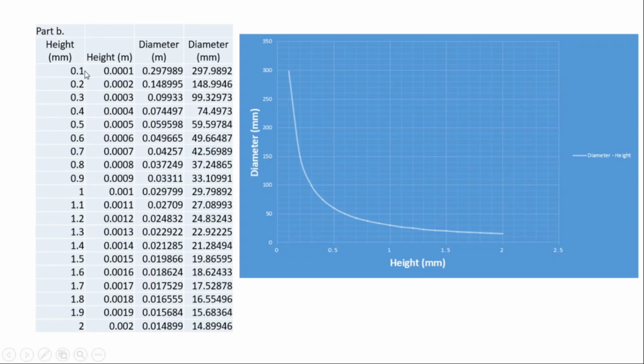I have arranged the height from 0.1 mm to 2 mm. What will be the trend we will get?